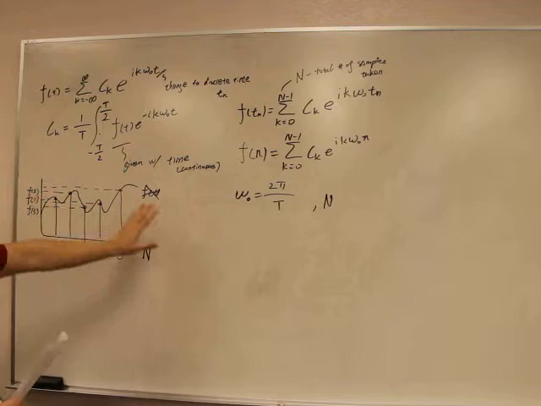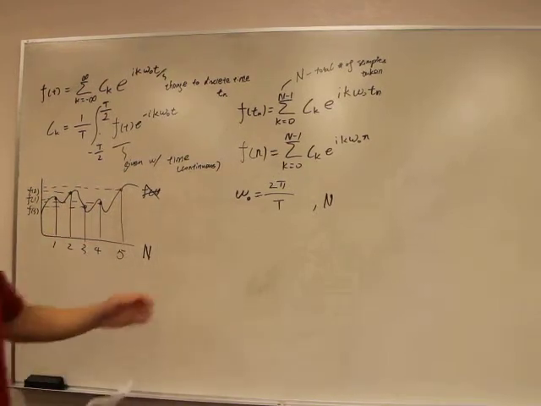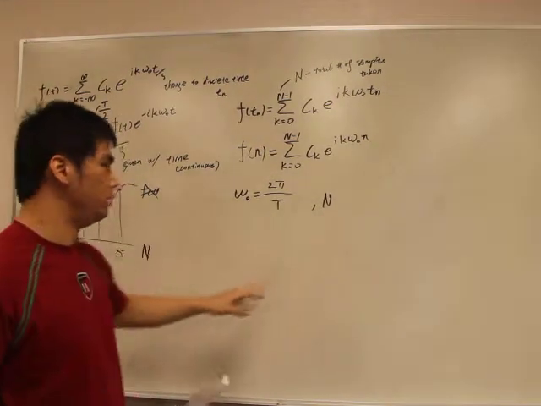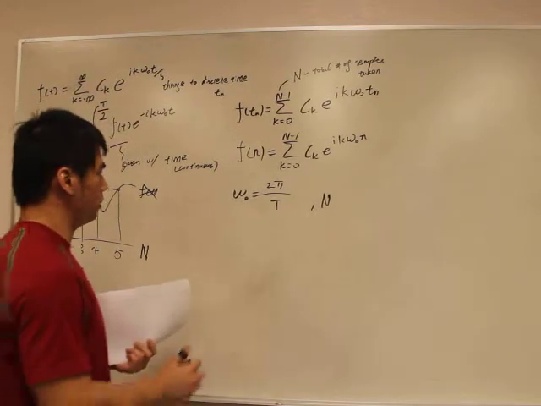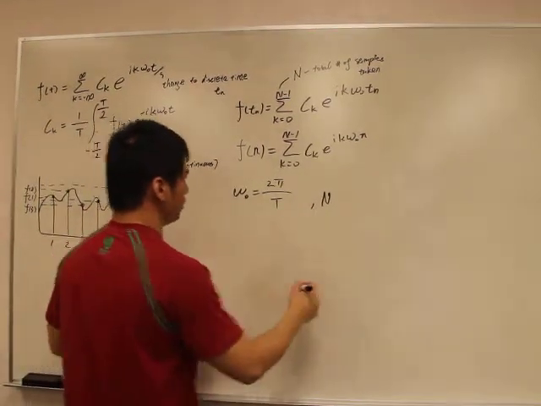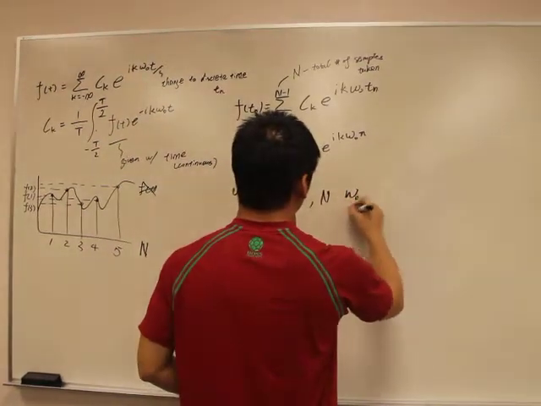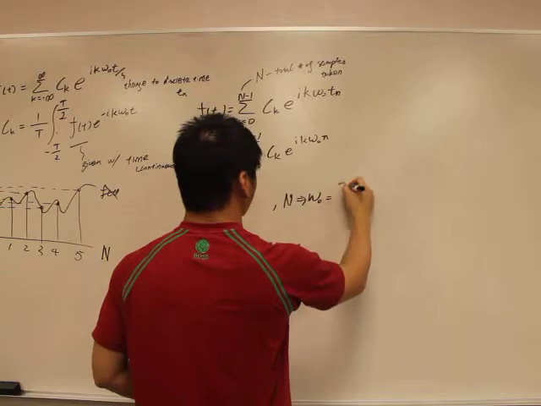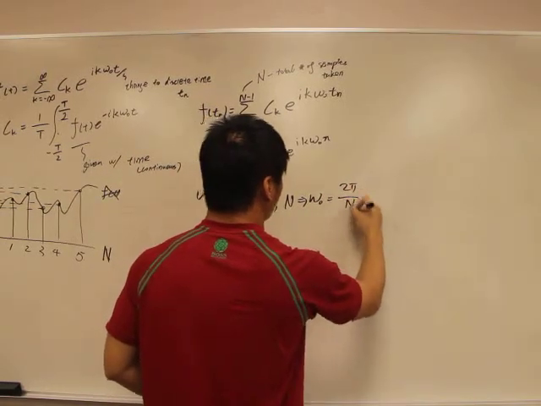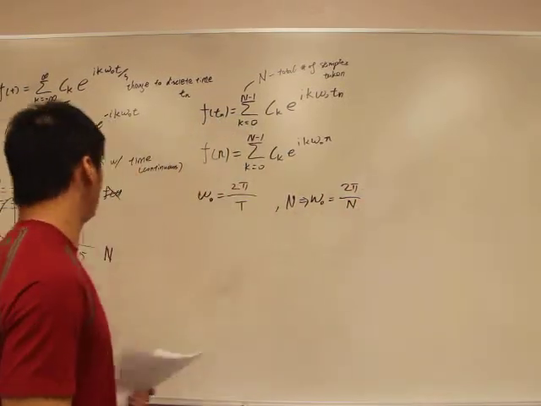So we can say N is the period of this discrete function. So it seems reasonable that omega naught is equal to 2 pi over N for our discrete time.